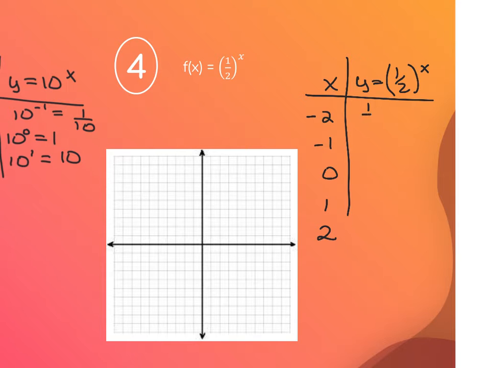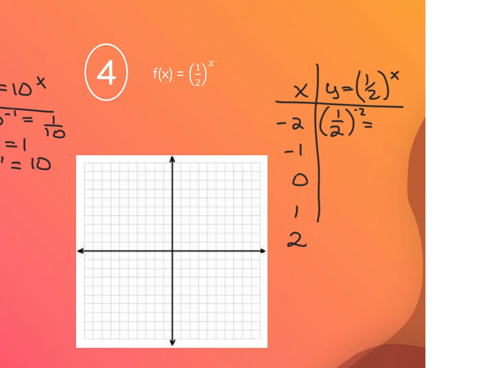So 1/2 to the -2 power. Remember, when you have a fraction raised to a negative exponent, think reciprocal. You flip it upside down and make the exponent positive. This becomes 2 squared, which is 4. 1/2 to the -1, flip it, and this equals 2.